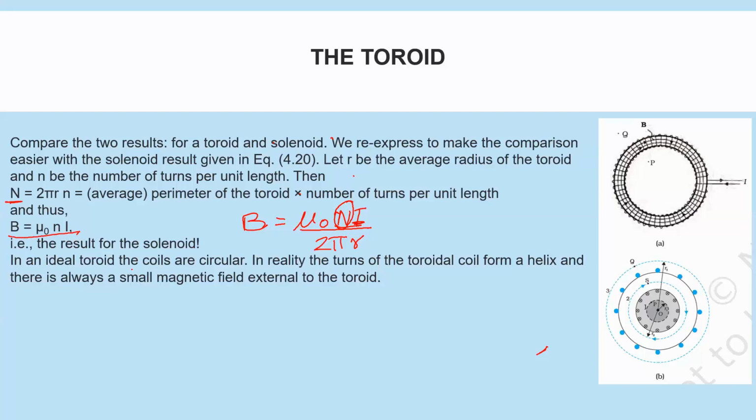So in an ideal toroid, the coils are circular. In reality, the turns of the toroidal coil form a helix, and there is always a small magnetic field external to the toroid. So we can say that the magnetic field that is present inside a solenoid is similar or equal to the magnitude of the magnetic field that is present even inside the toroid. So this relation helps you understand that.